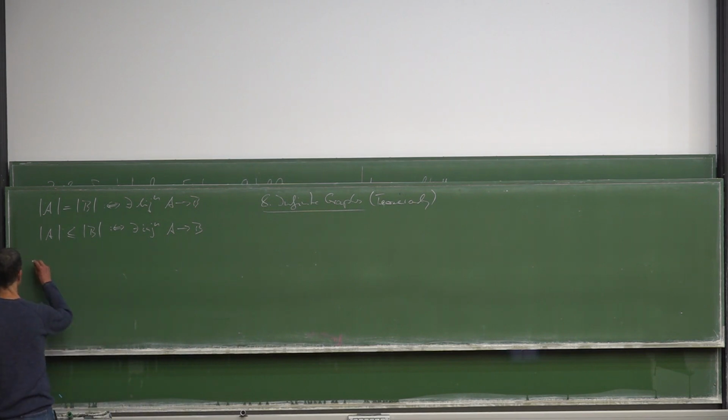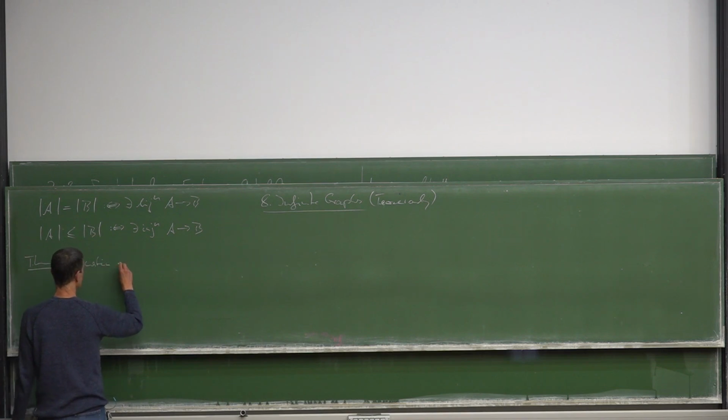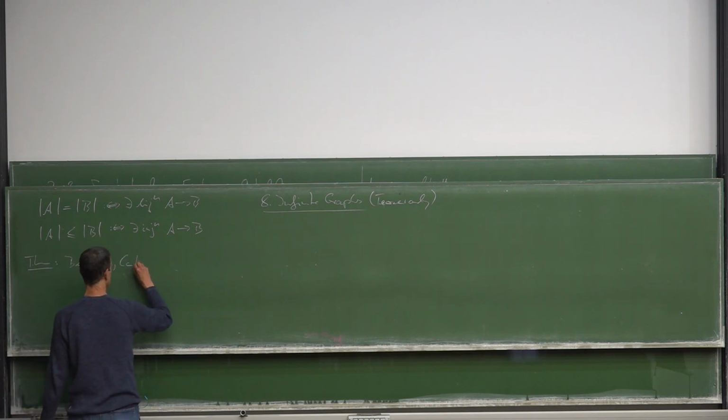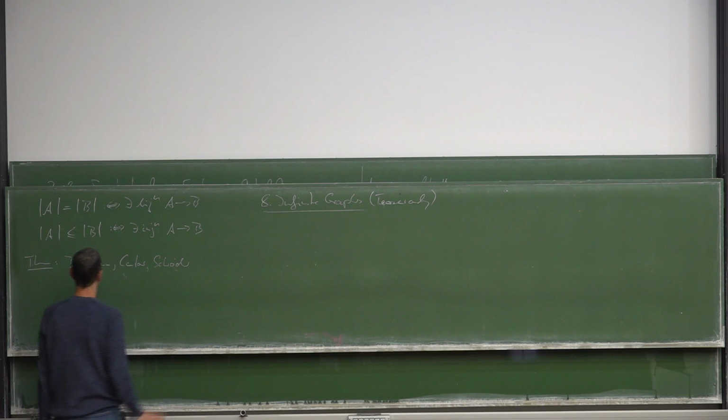And this is traditionally called a theorem. Let me write these names in alphabetical order. Bernstein, Cantor, and Schröder.